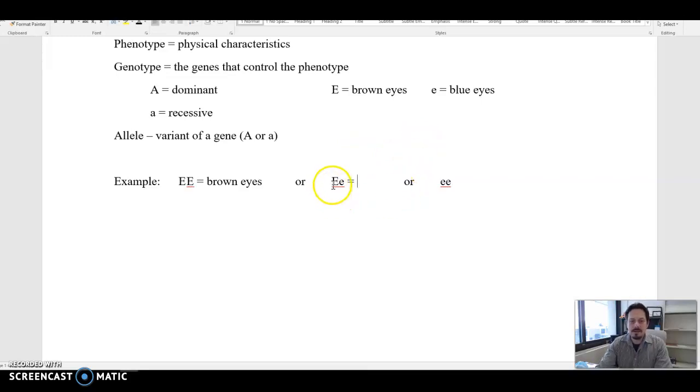Because it has the big E, the dominant allele, we are always going to see the dominant allele. So that would be brown eyes. Or what about small e, small e? What color eyes would that be? Because you don't have the brown eye allele, because you don't have a big E, that would be blue eyes.